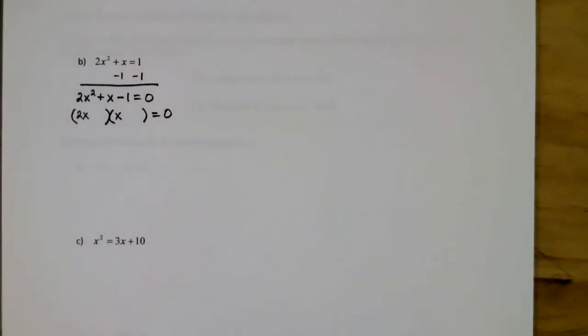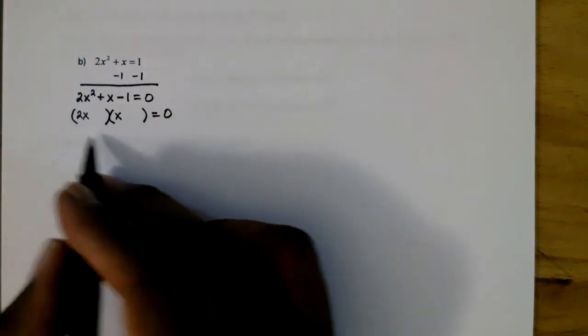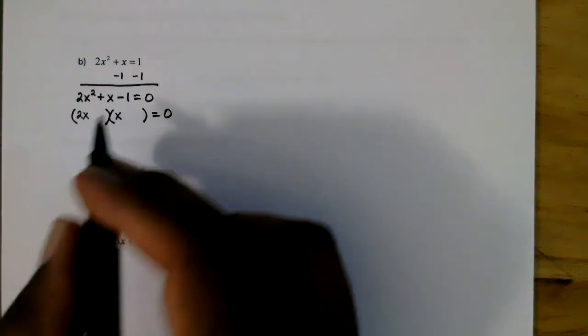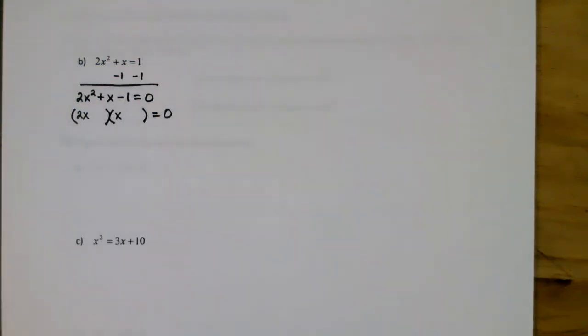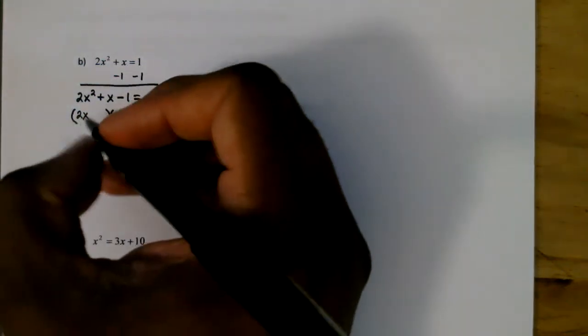Now the only factors of minus 1 will have to be positive 1 and negative 1. Now I need to put the plus 1 and the minus 1 in the correct places so that the outer and the inner will give me a sum of positive 1x.